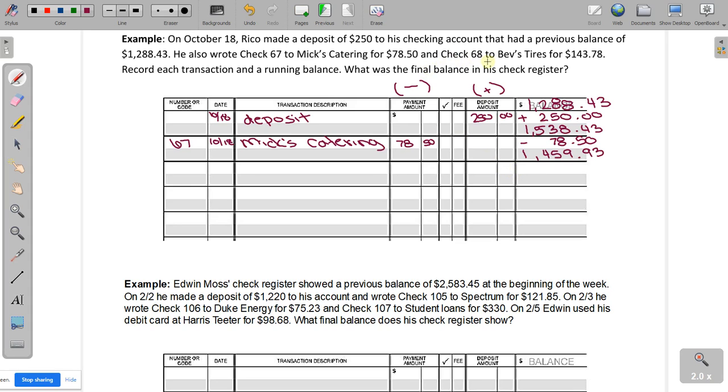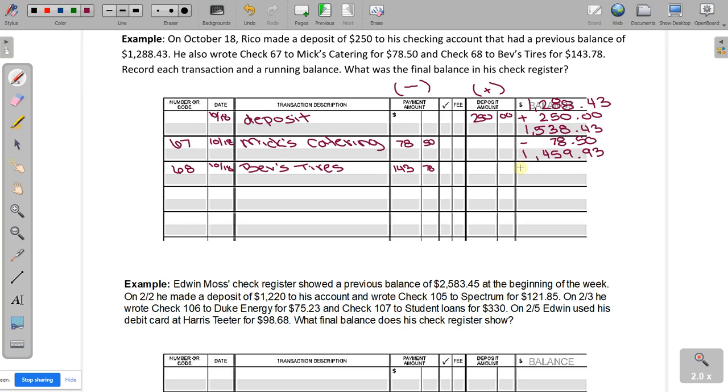Now we have another check, which was number 68, to Bev's Tires, so it's still the same date. And the check was for $143.78.